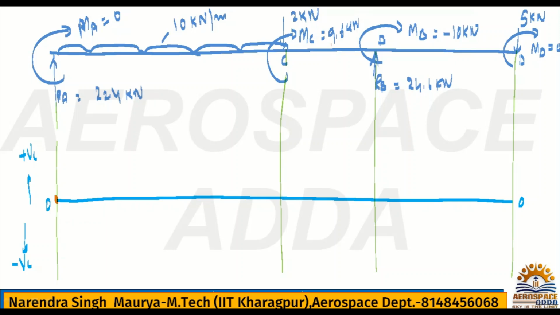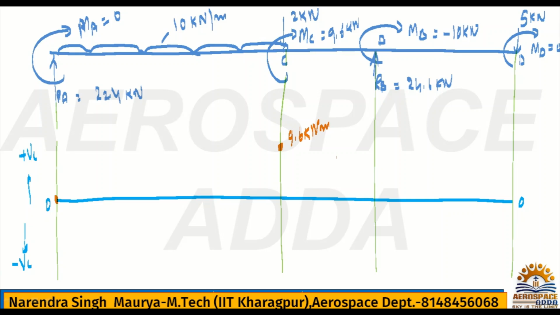What is the moment at C? It is 9.6. So what is the meaning of 9.6? That is the positive value. So this is the positive value, 9.6. Okay, 9.6 I can write here. This is 9.6 kilonewton meter.